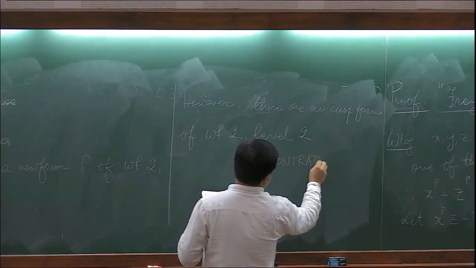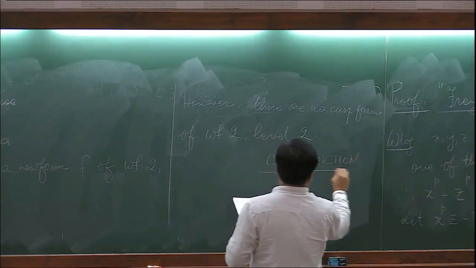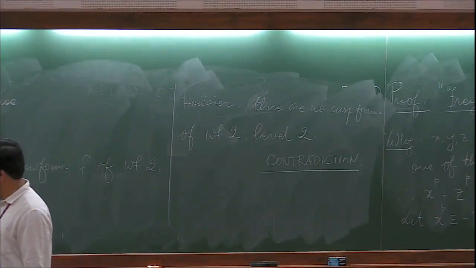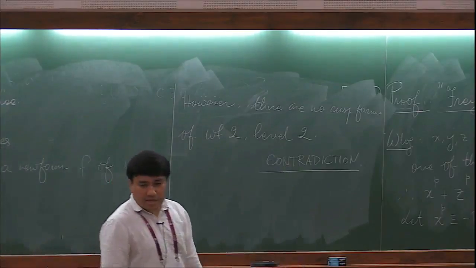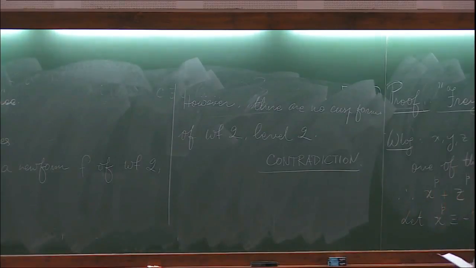Why is it a contradiction? It's because I know that my elliptic curve E is modular, so that elliptic curve actually works for this congruence to happen, but I'm saying that there does not exist any such form. So this is a contradiction, which arises from the fact that I have such an elliptic curve.